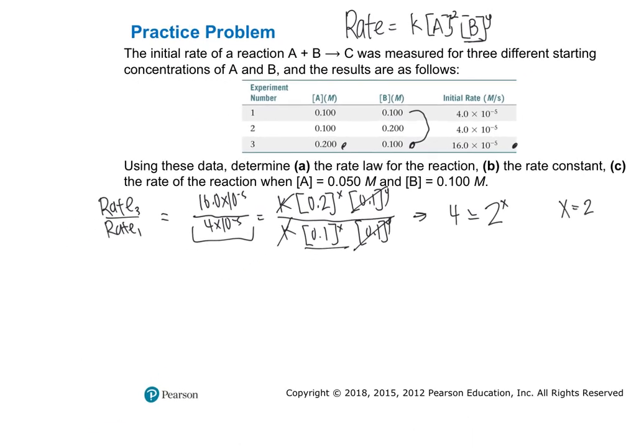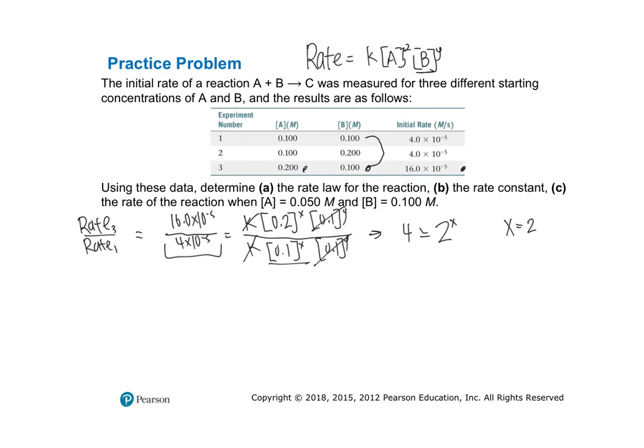Okay, now let's find a place where B is isolated and A cancels out. So if I look at A, 2 spots where they are the same is 1 and 2.